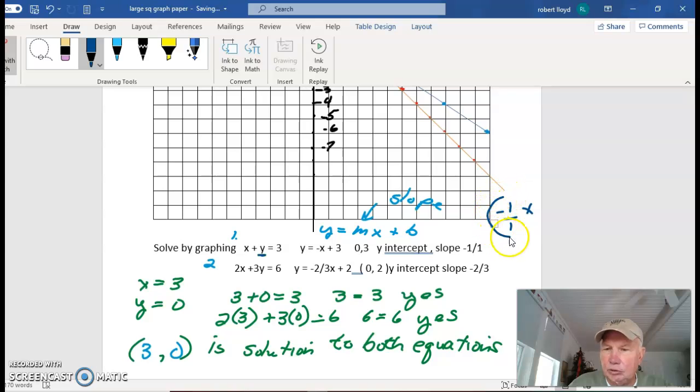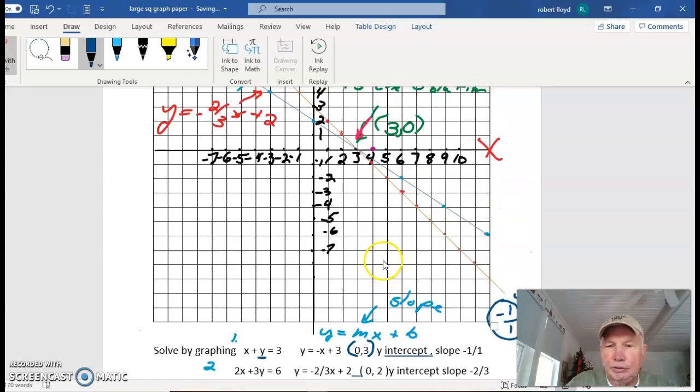This is our slope, the change in the y over the change in the x. Remember, slopes never have a variable in them. And the 3 represents the y-intercept, but remember, we always have to have 2 points, an x and a y. So the x is always 0 on the y-intercept.